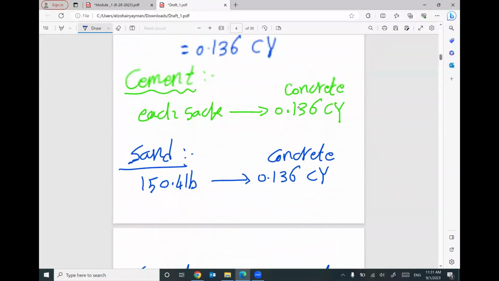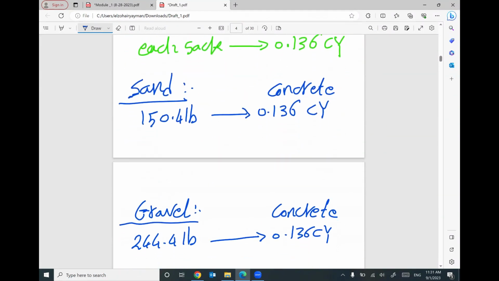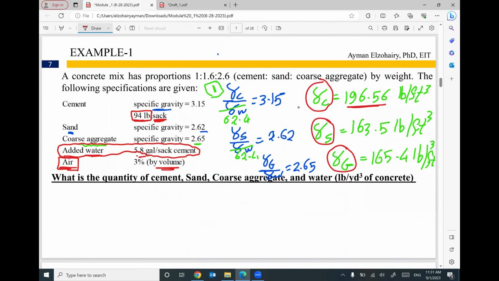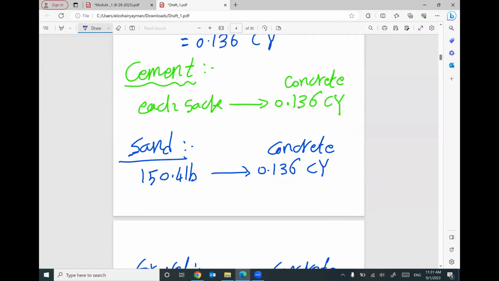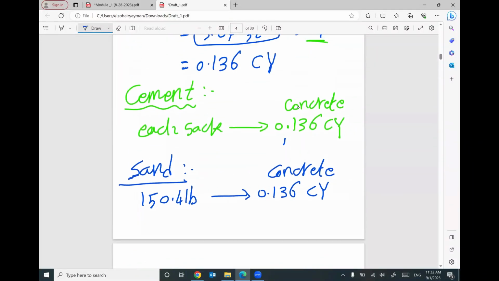That makes sense for you? Yes, sir. Okay. Let me go back to the problem. This is what is required. What is the quantity of cement, sand, and coarse aggregate by pound per every cubic yard of concrete? So for every cubic yard, how many sacks of cement?